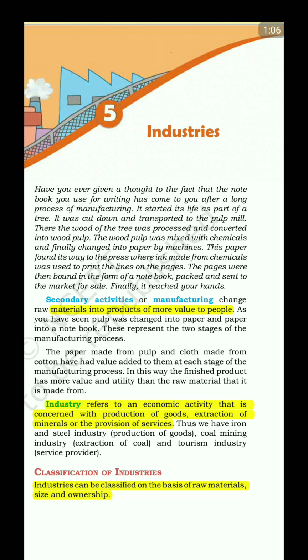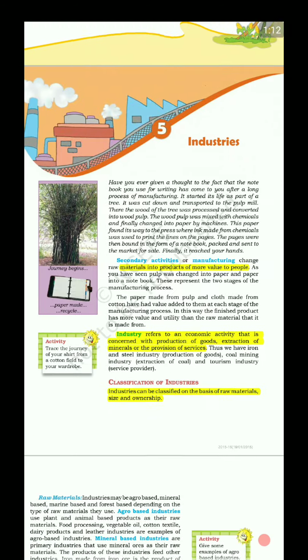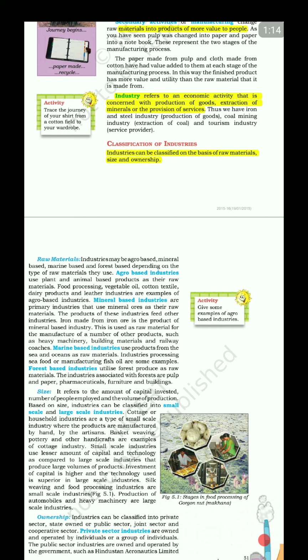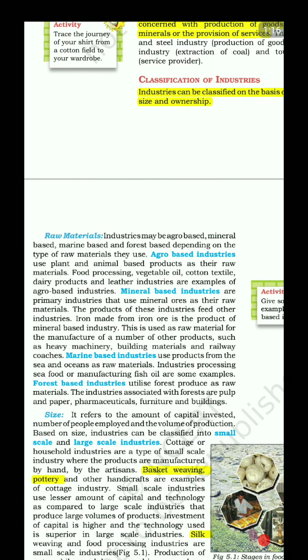Let's classify the industry. Industries can be classified on the basis of raw material, size and ownership. On the basis of raw material, it can be agro-based industries such as food processing, vegetable oil, textile, dairy products, and leather industry.